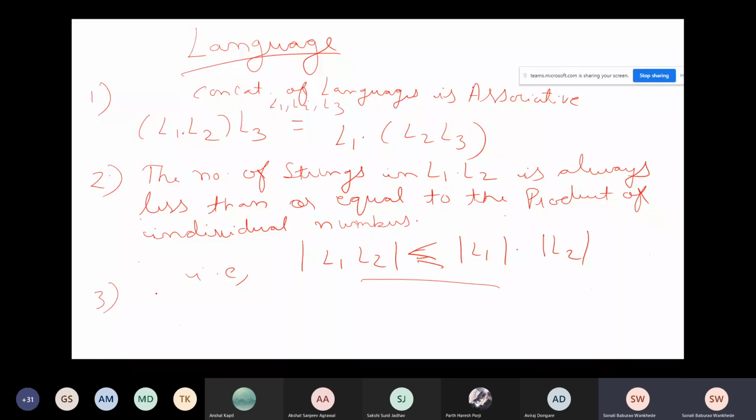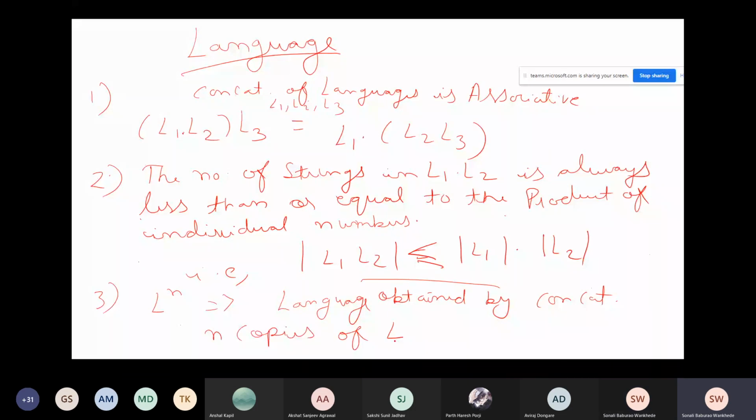We write L raised to n, L to the power of n, to denote the language which is obtained by concatenating n copies of L. This is your third point to remember in languages.